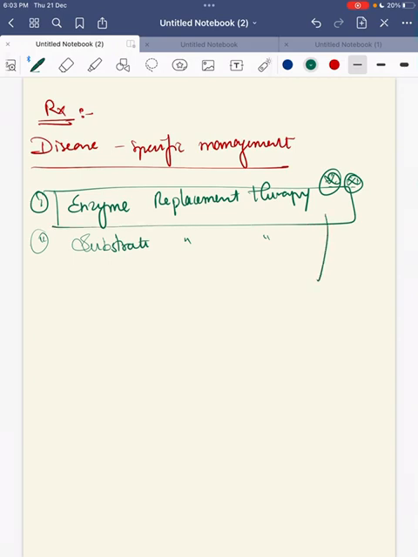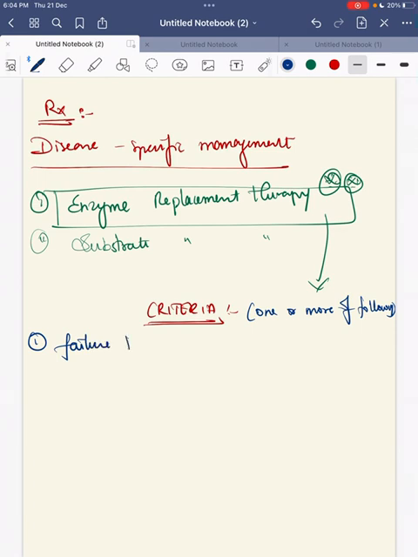First we'll discuss this enzyme replacement therapy. There are criteria for this enzyme replacement therapy. So we'll see the criteria one by one. When the child has one or more of the following, which I am going to tell, you can give enzyme replacement therapy for that patient. First, failure to thrive, that is height and weight less than 5th centile for age.